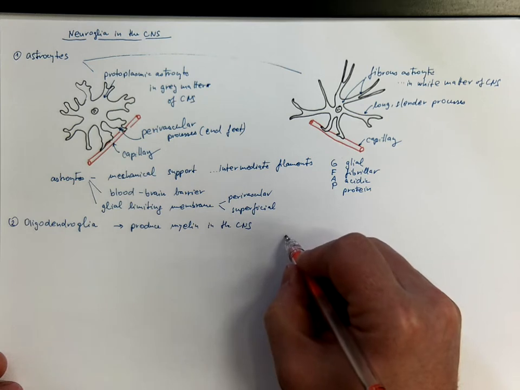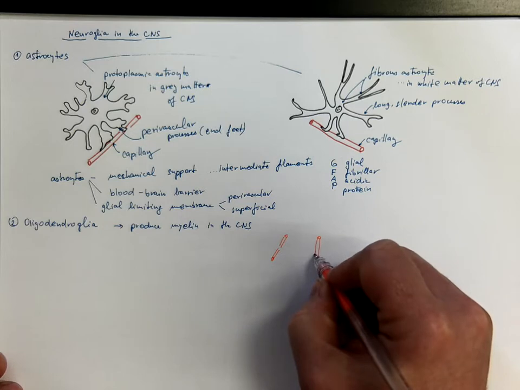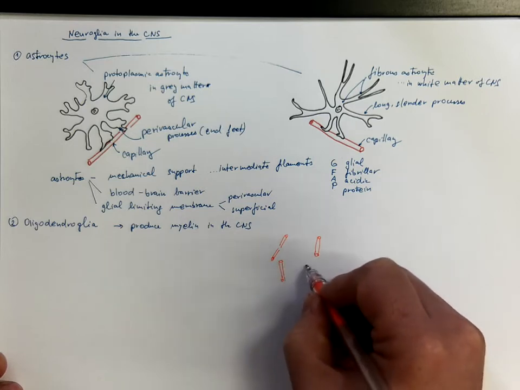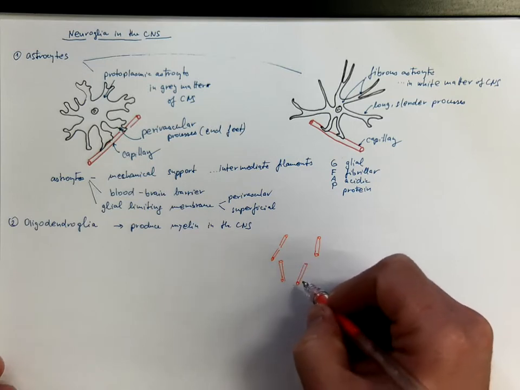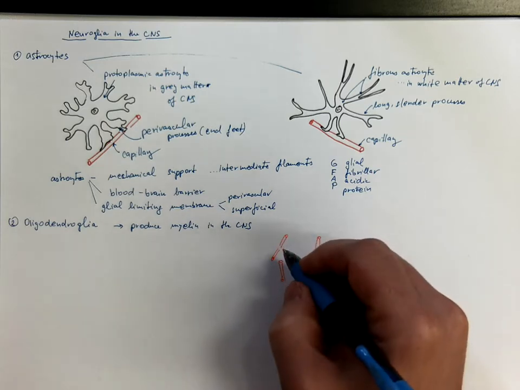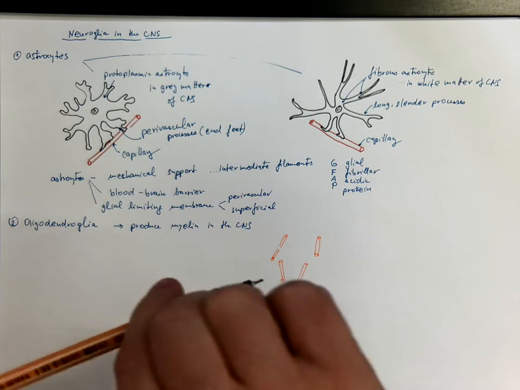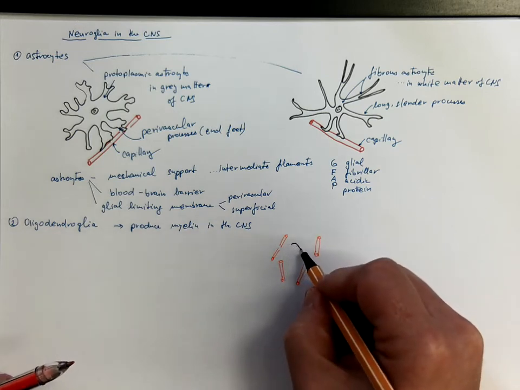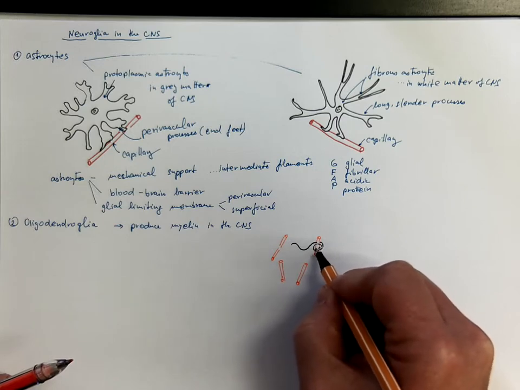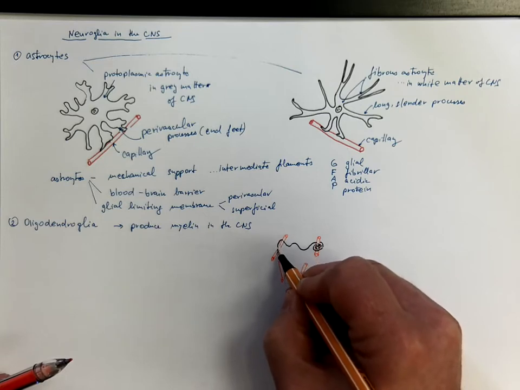Let's imagine several nerve fibers that might be axons or dendrites of various neurons, and there is the oligodendrocyte with its cell body and long processes that resemble tentacles of an octopus, that are wrapped around the fibers.